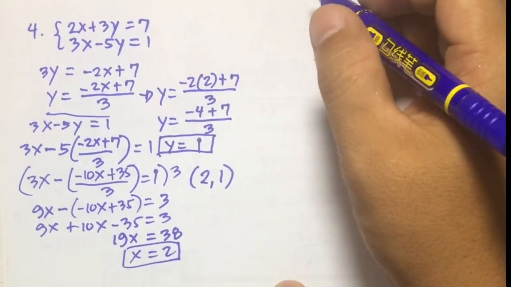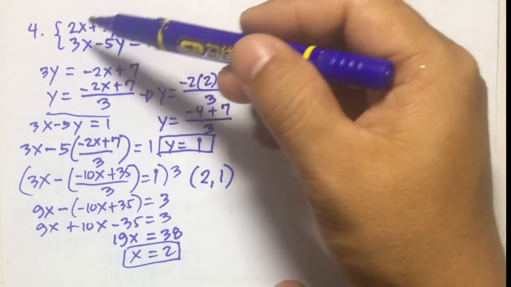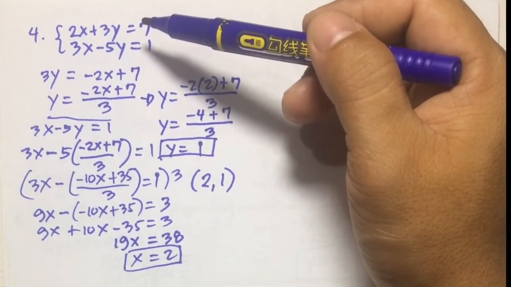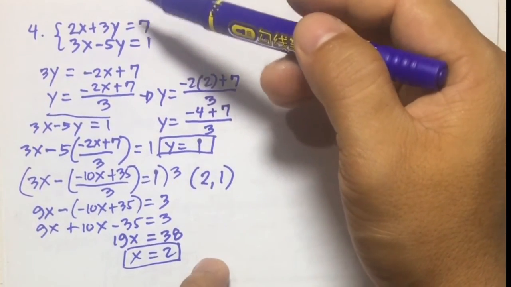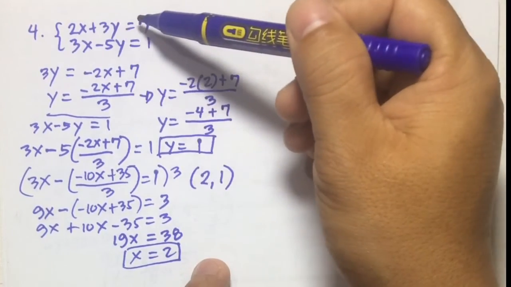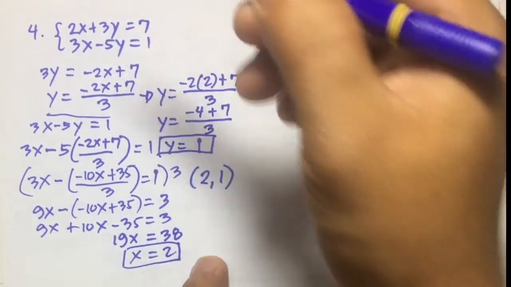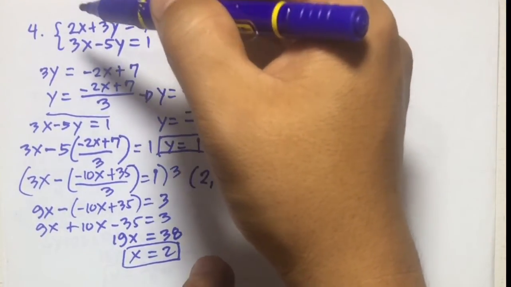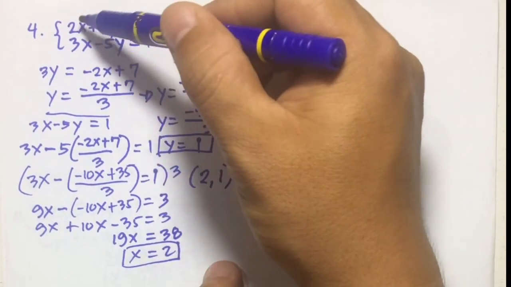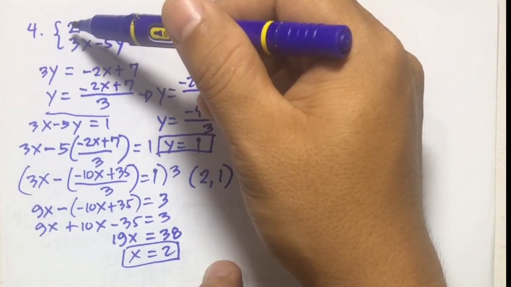Then by elimination, if we look at the equations here, we cannot find a variable that has the same numerical coefficient. So in equation 1, this is 2x plus 3y equals 7, and 3x minus 5y equals 1 for equation 2. So to be able to eliminate a variable here, we're going to make the numerical coefficient of x the same.